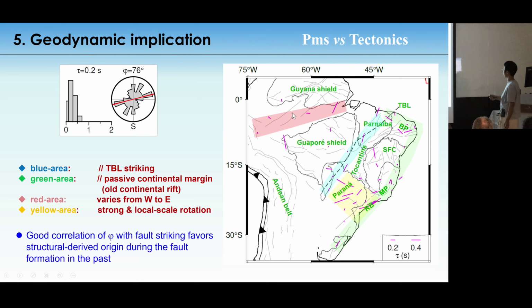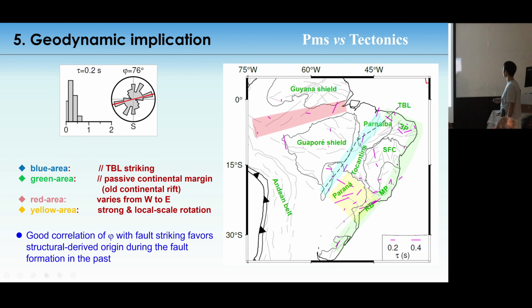at the crustal anisotropy together with the geographic location, we may say that for the blue shaded area here, the fast direction phi looks like this, and this one here is very small, and this one. So in the blue shaded area, the fast direction is almost parallel with the TBL striking.